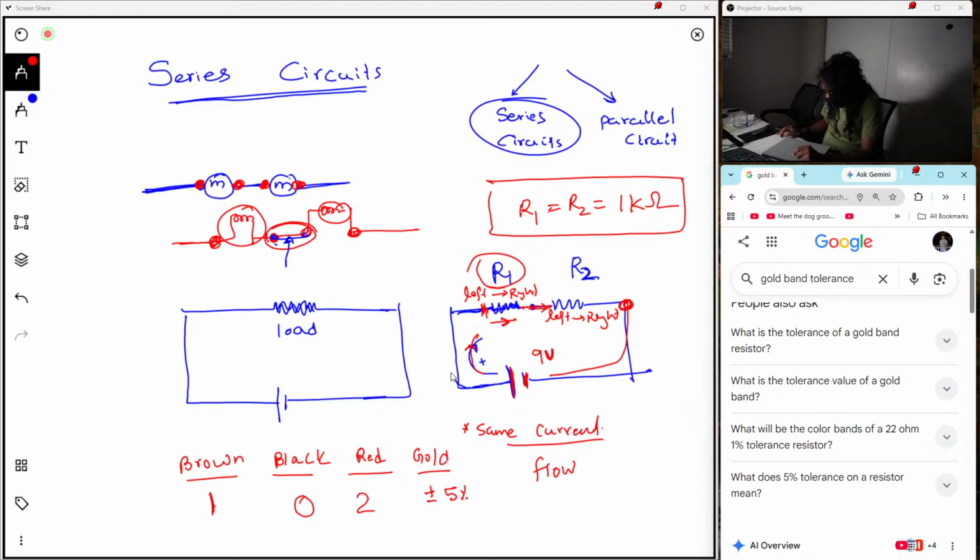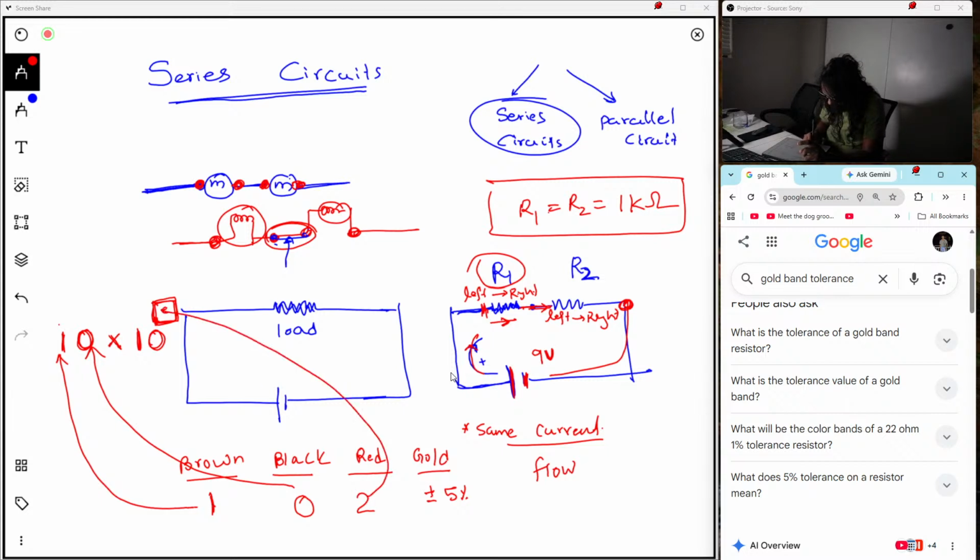So let's see how we can get the value. The color code will be 102, right? 102 means the first two digits you write them as they are. 1, you write it here. 0, you write it here. And red will be the multiplier, so it is the power of 10, right? So you need to put the 10 here all the time, and for this index, you need to transfer this to here.